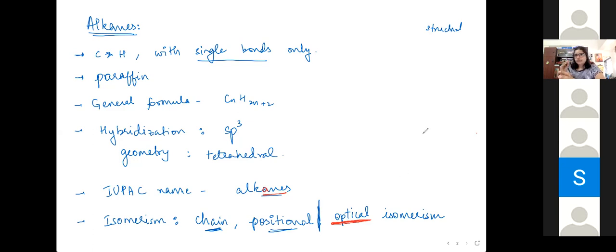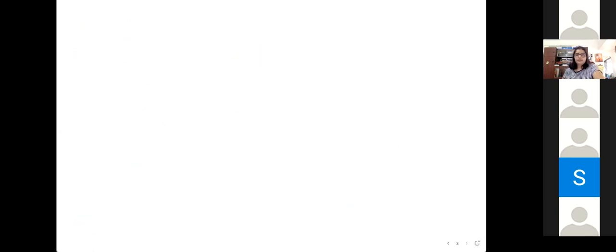So if you have a compound, let's say this is a carbon atom, alkanes have sp3, that means tetrahedral, right? So when you have 4 different groups attached on all 4 sides of the tetrahedron, I'm showing it with different colors here.